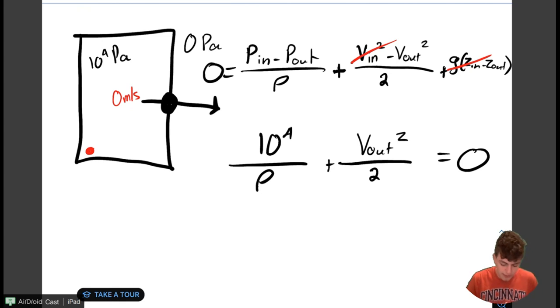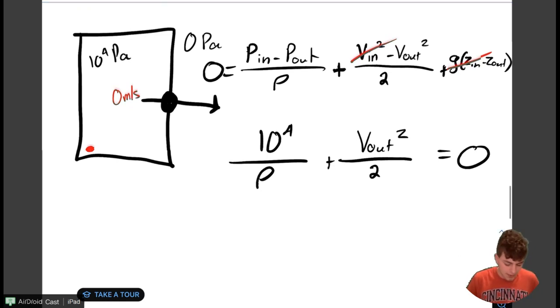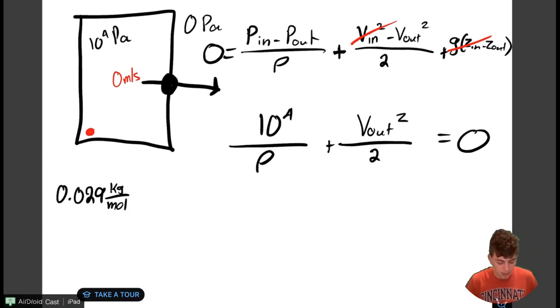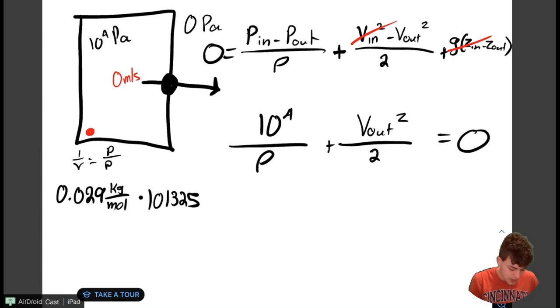Now, what we need to solve for here is the rho, or the density of air. To do that, we already know that air has about 0.029 kilograms per mole as its molecular weight. And so what we need to do to that then is apply the ideal gas law to find the volume of air. At atmospheric pressure, we know it's 101,325. So I'm just going to do 1 over volume equals P over RT.